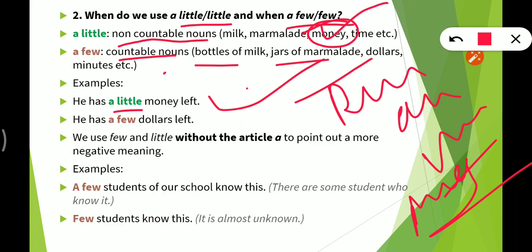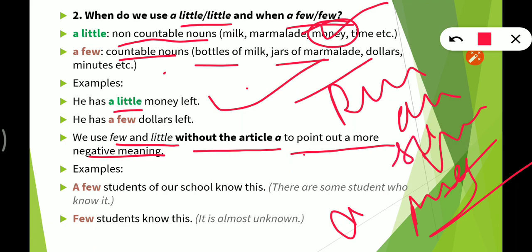Now here few and a little, without the article a, are used to point out a more negative meaning, okay, more negative. When we use a with few or a little, it means there is some.